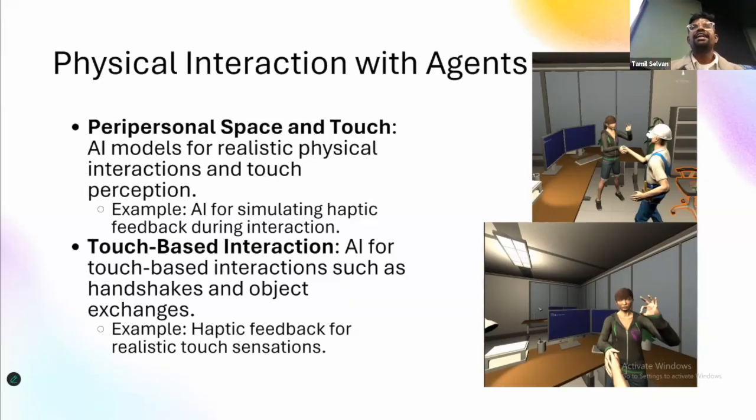So agents should understand that. And if you're holding a cup of tea in your real world, it should also understand, okay, you're holding something, so I can't give my handshake to you. That gives a bit of intuitive understanding. That's where AI helps us to understand these things.